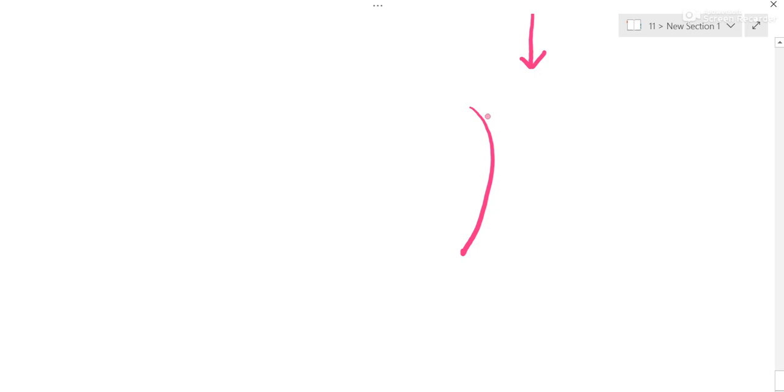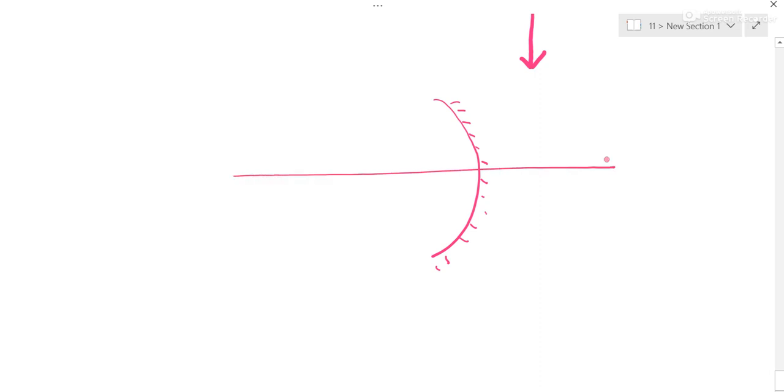You can draw a concave mirror. In exam, they can make you draw the ray diagram and they will ask questions. So you should be well practiced with ray diagrams also. Like they are saying, height is 27. No, height is 7. Kept at 27. Focal length is 18. So this is 18.